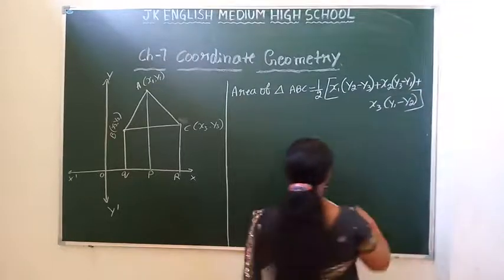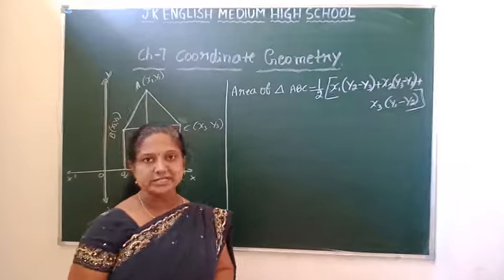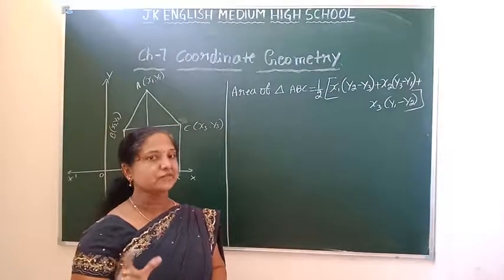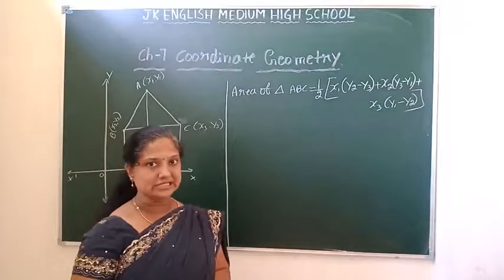This is the formula we can use to find out area of a triangle when we know the 3 vertices coordinates of the plane, to find out area of triangle ABC, children.